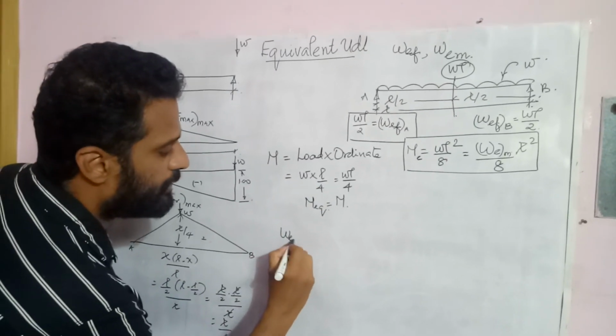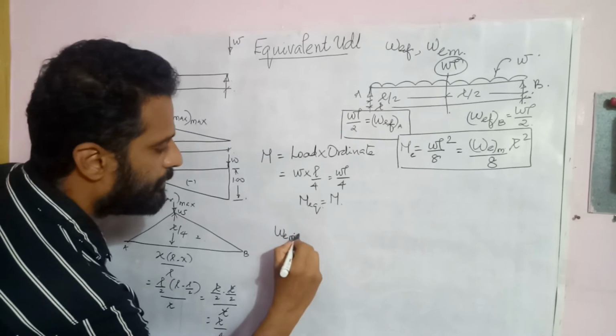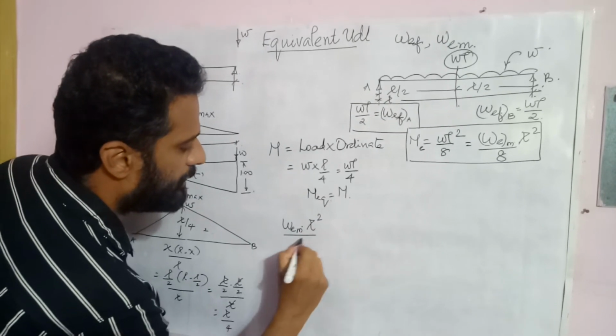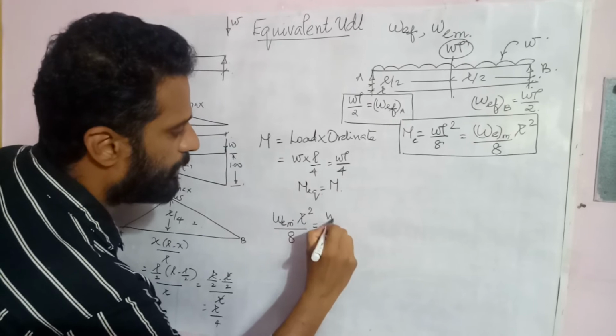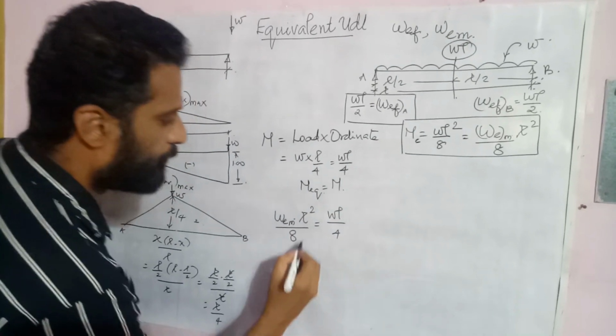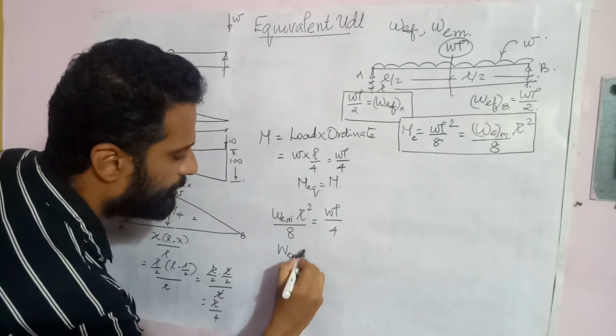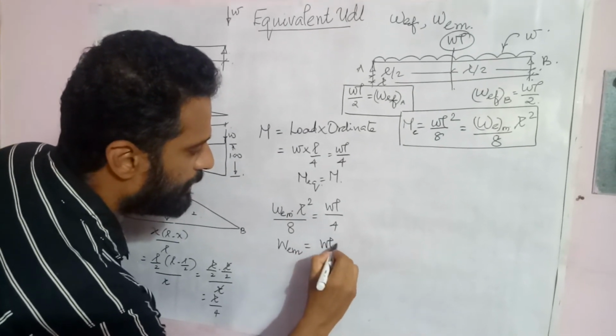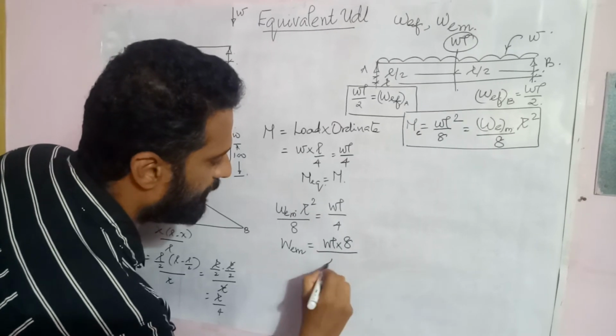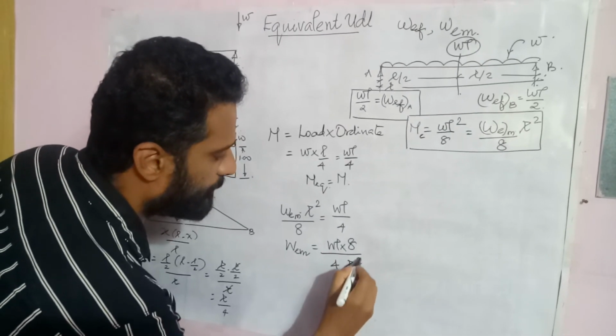So WEM into L square divided by 8 is equal to WL by 4. So you just keep only WEM aside. That is WL into 8 divided by 4L square.